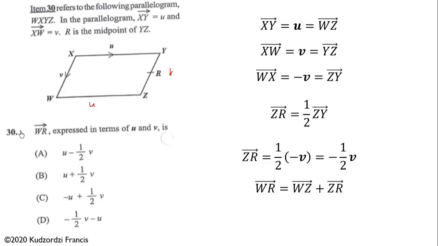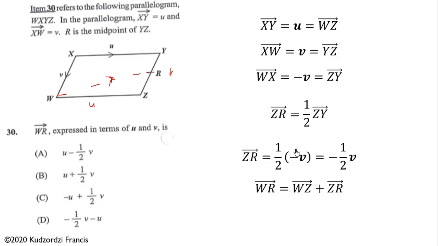So vector WR, so from here to here, to here, this vector, by the triangular law of vector addition, vector WR is equal to WZ plus ZR.